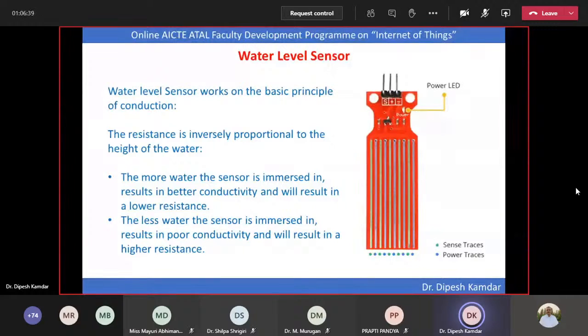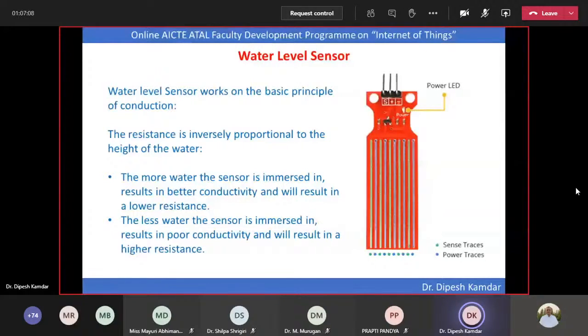Once you put the sensor into the water, if the water is connected up to a specific level, it has low resistivity because the connecting path is on the higher side. If it is on the lower side, it will have higher resistivity, so based on this change of resistance, we can find out the level.